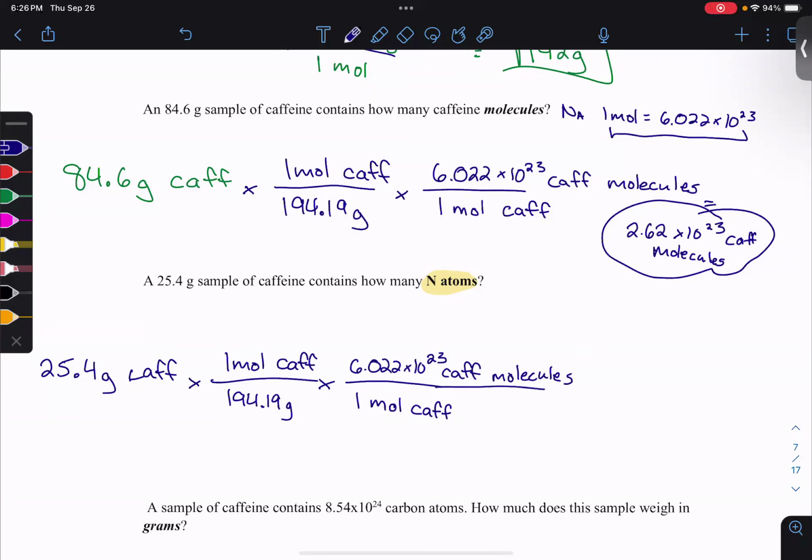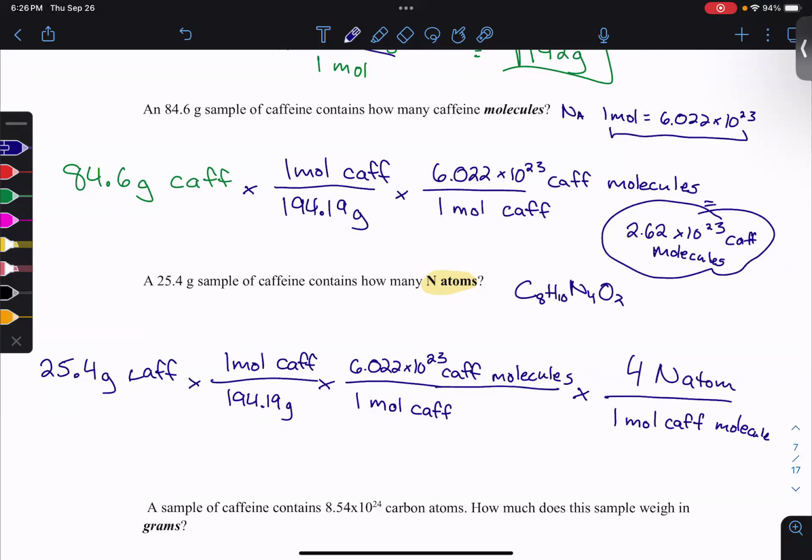If we stopped, we would be in individual caffeine molecules. Now we're gonna use the full chemical formula, C8H10N4O2. Nope, it's N4, sorry, N4. And we're going to use that relationship: for every 1 caffeine molecule, there are 4 nitrogen atoms.